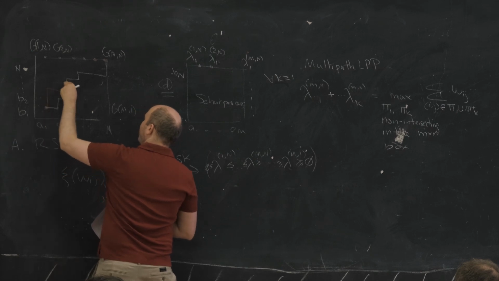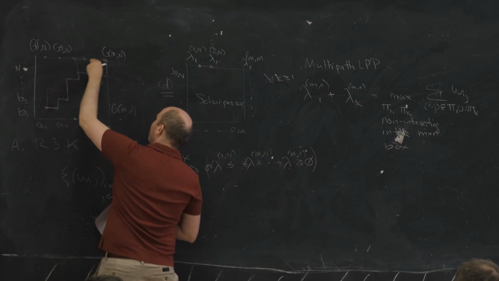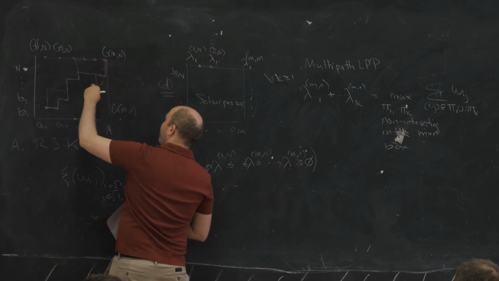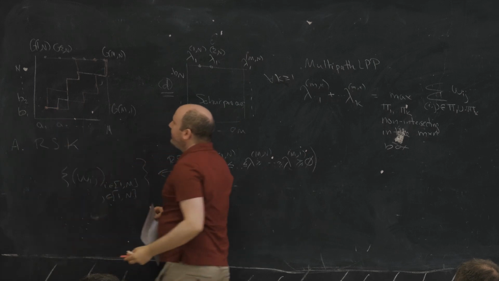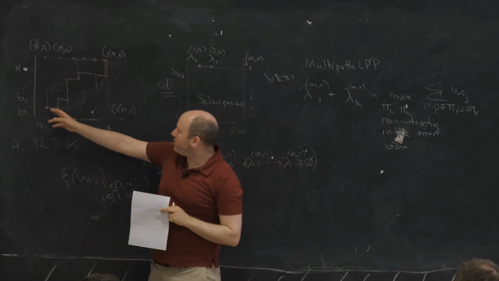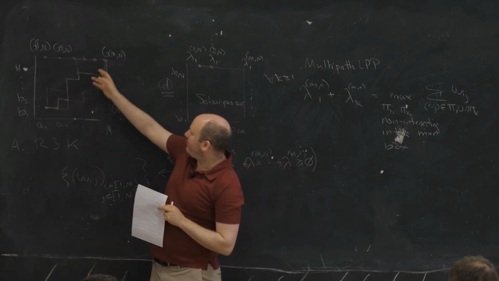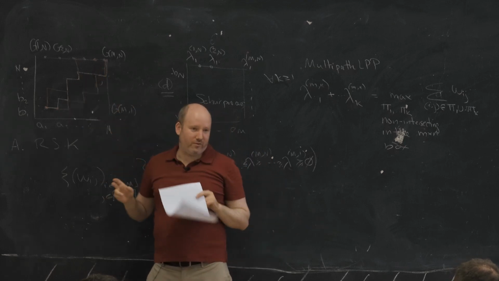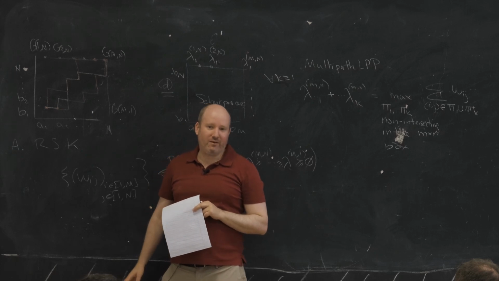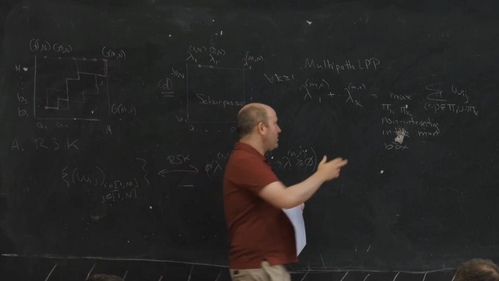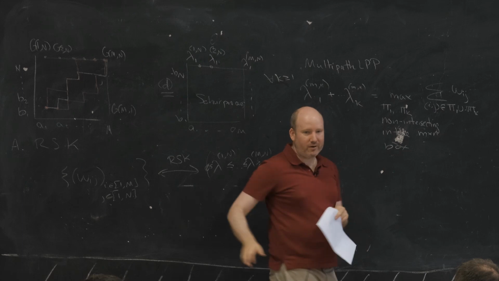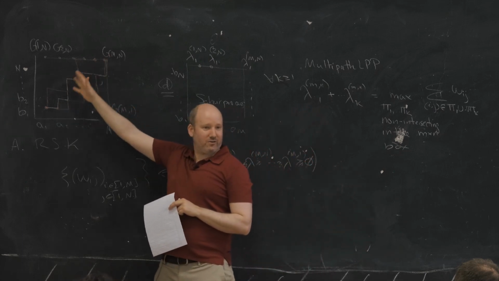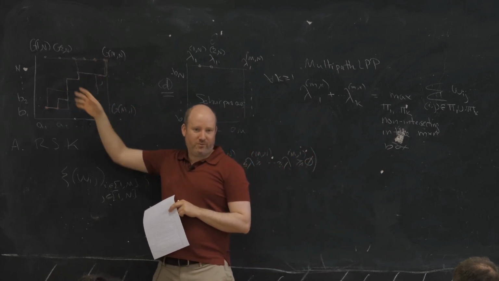So maybe one of them looks like this, and the other one maybe looks like this. And so there's no condition with regard to whether they intersect the original first path. So they're just maximizing over pairs of non-intersecting paths. And then if I want to do lambda 3, I actually compute lambda 1, lambda 2 plus lambda 3, and I look at all triples of non-intersecting paths, and so on and so forth.